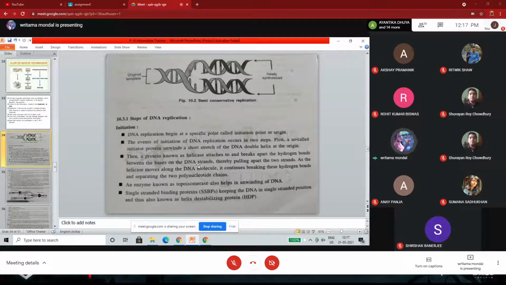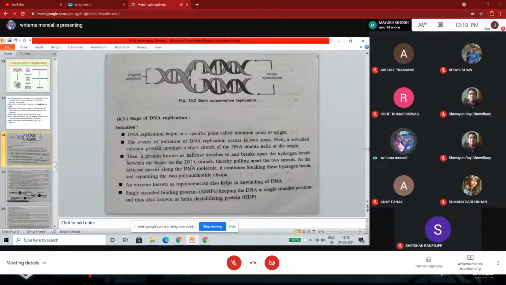So it is known as helicase. It is an enzyme, also a protein. We all know that enzymes are proteins. So this protein helicase attaches at the origin and thereby breaks apart the hydrogen bonds between the bases of DNA strands. Hydrogen bonds are there between the nitrogenous bases, A paired with T and C paired with G. These hydrogen bonds are very strong kind of bonds.